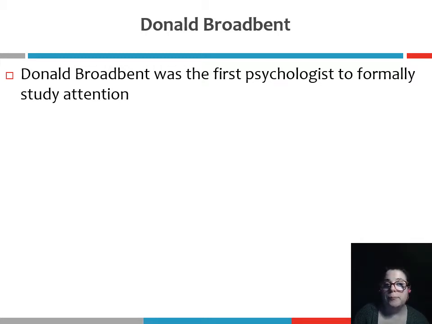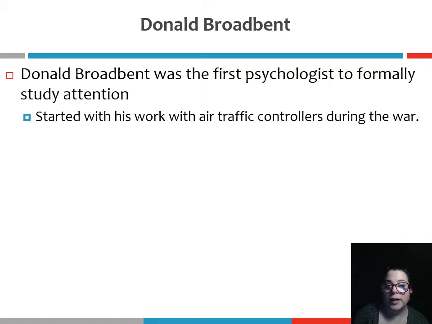Donald Broadbent was working at the Applied Cognitive Psychology Center, and one of his main projects at that time was working with the military. He worked quite extensively with the British Royal Navy, and the particular military personnel he worked with were air traffic controllers.